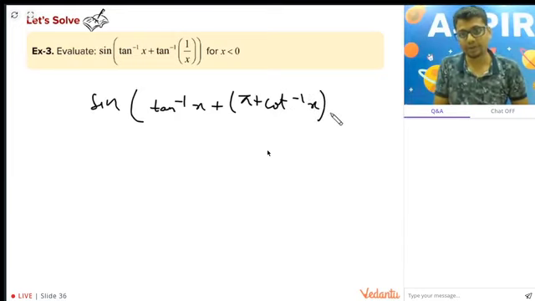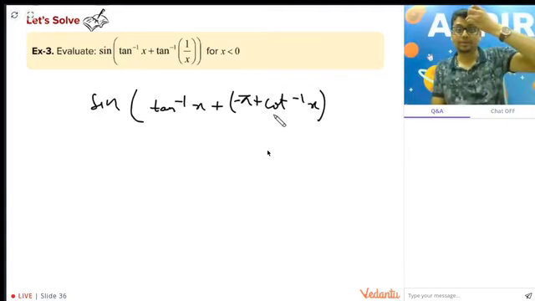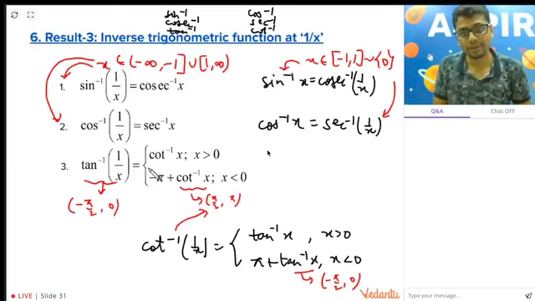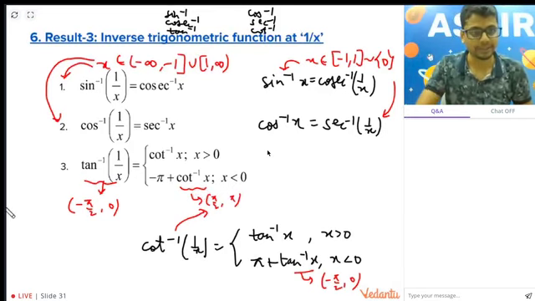Is it not? Pi plus, no, sorry. It will be minus pi plus cot inverse x, right? Let's check it out. So tan inverse 1 by x, if x is less than 0, is minus pi plus cot inverse x, right? That's it. Simple, right?